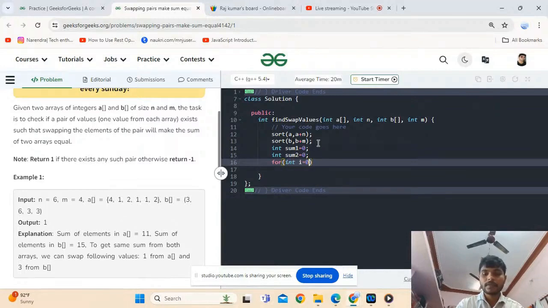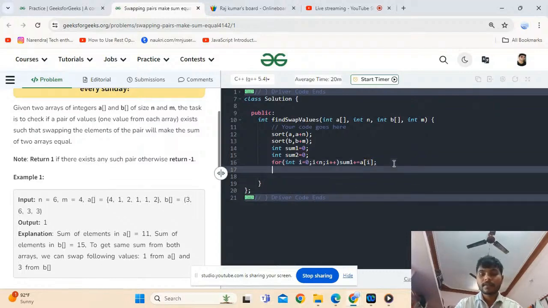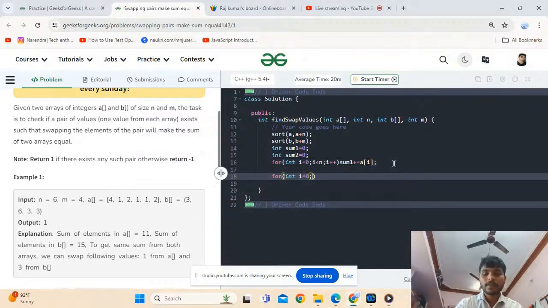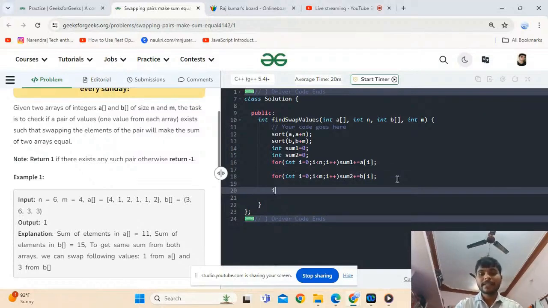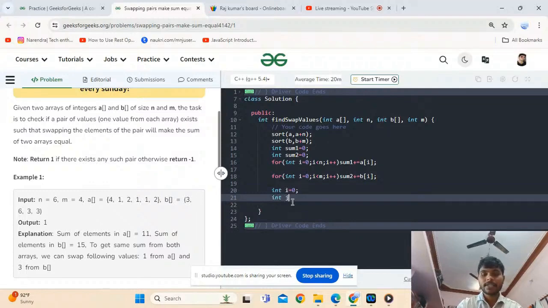I is equal to 0, I less than m, I plus plus, sum 1 plus equals a of I. For int I less than m, I plus plus, sum 2 plus equals b of I. Now guys, here don't get confused, here this side are different. Here I am taking again I is equal to j is equal to 0.